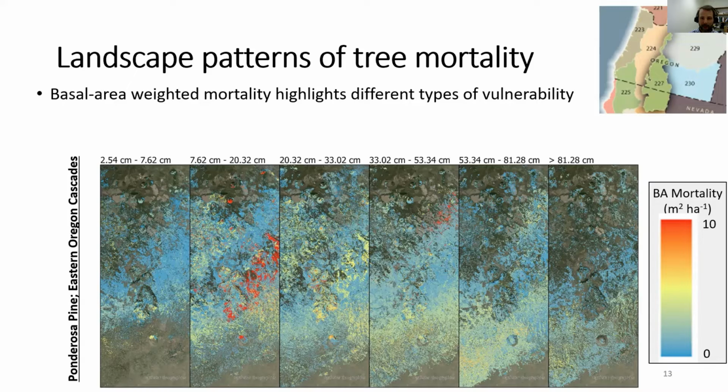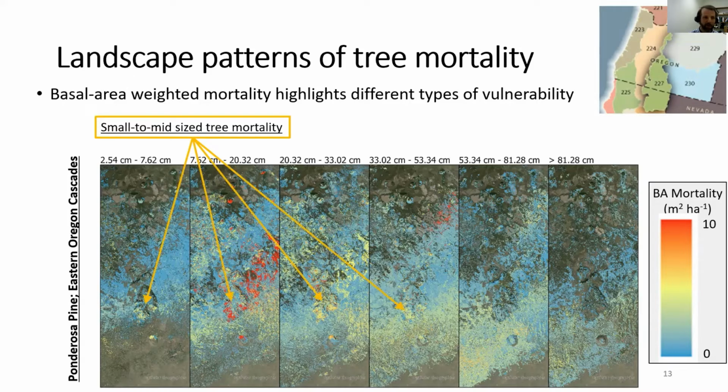So it's a different pattern than total trees per hectare, but also we see areas where, compared to the area around it, it has higher vulnerability, implying that in some cases small to mid-sized tree mortality is a greater concern, whereas in other areas, perhaps it's medium to large trees that are of greater concern.